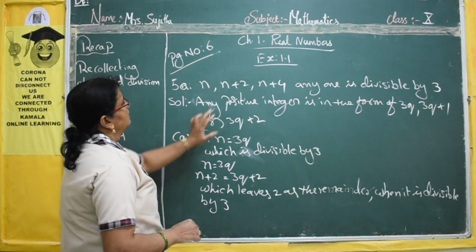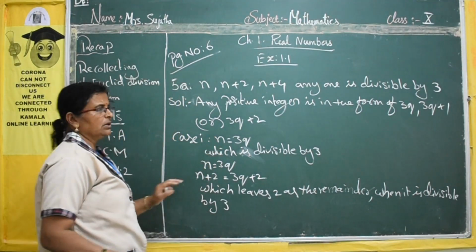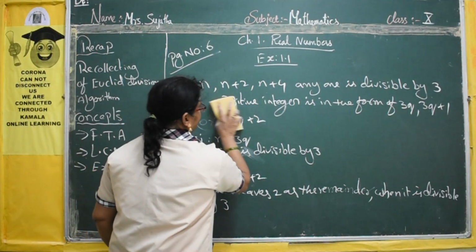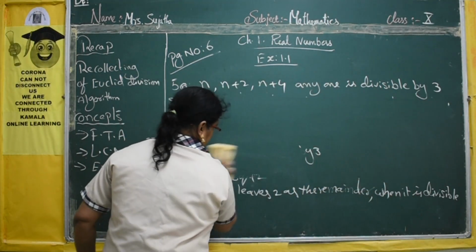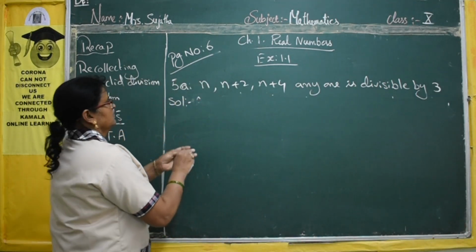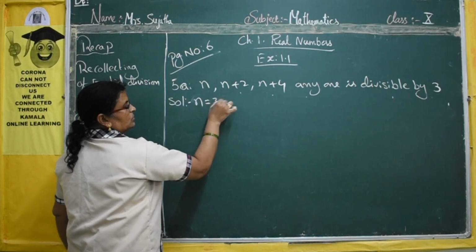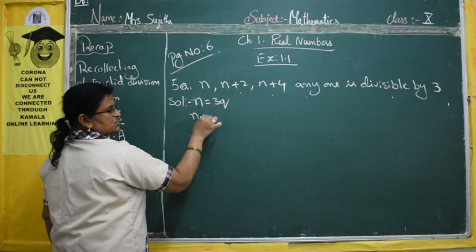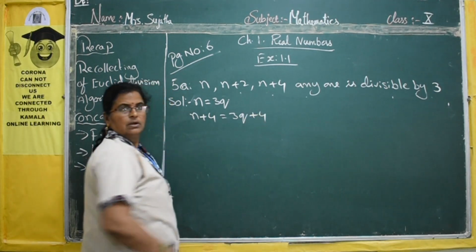Now, next one is n plus 4. Now this is understood? Now we will take n plus 4. n is equal to 3q, now plus 4 I am adding, so here also 3q plus 4.